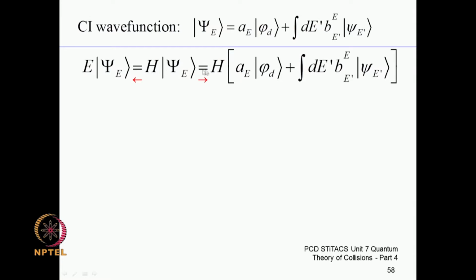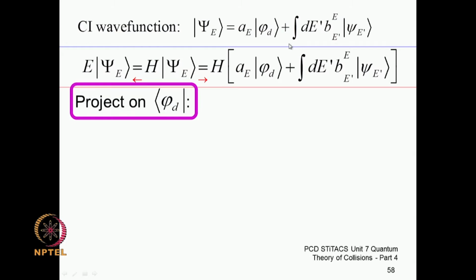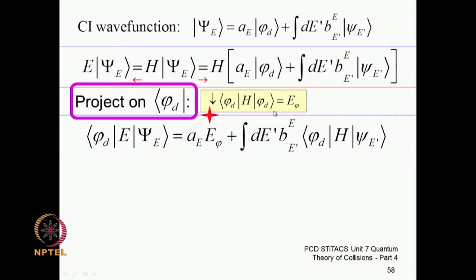So, now I have written this Schrodinger equation so that on the left you have E psi, and on the right you have H operating on the superposition of the discrete and the bound states. So, this is the projection that we are considering, on phi d. So, here you get the E phi, which is here.